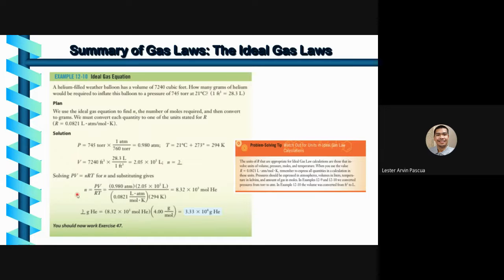Okay? So, when you solve that, solving PV equals nRT, your number of moles is equal to... so what happened here is, minanipulate niya lang yung equation. So, your n, di ba, dinivide niya by RT. So, essentially, dinivide niya lang yan, both sides by RT.